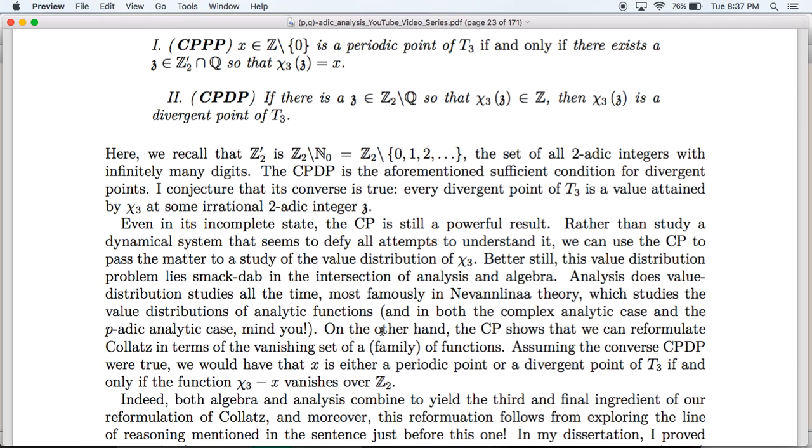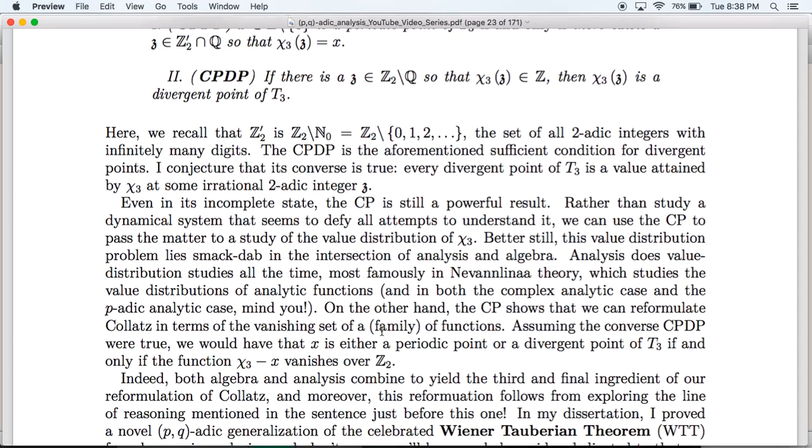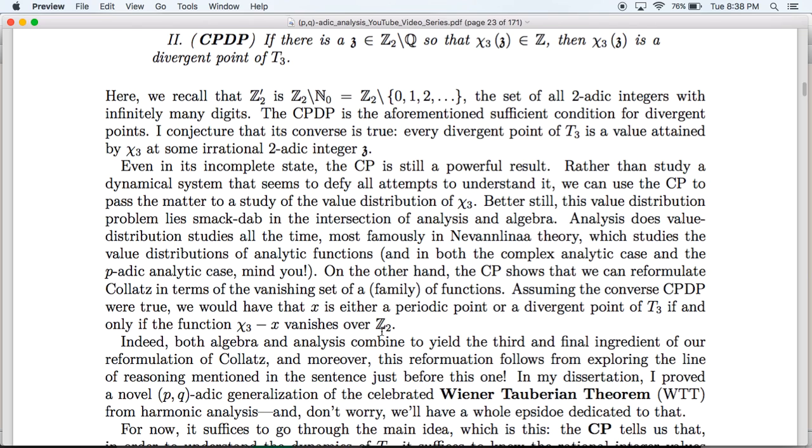The third ingredient of our reformulation, the non-archimedean spectral theory, the result that I used to do it actually lies quite beautifully in the middle of algebra and analysis. In my dissertation, I proved a novel pq-adic generalization of the celebrated Wiener Tauberian theorem, first proved by Norbert Wiener in the 1930s. And it's a crowning jewel of 20th century harmonic analysis.